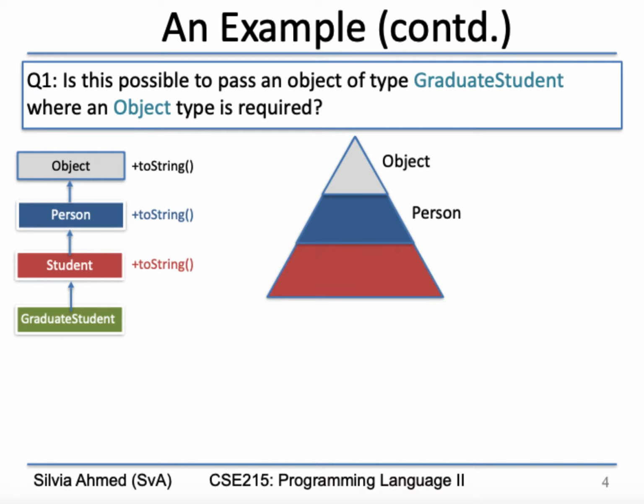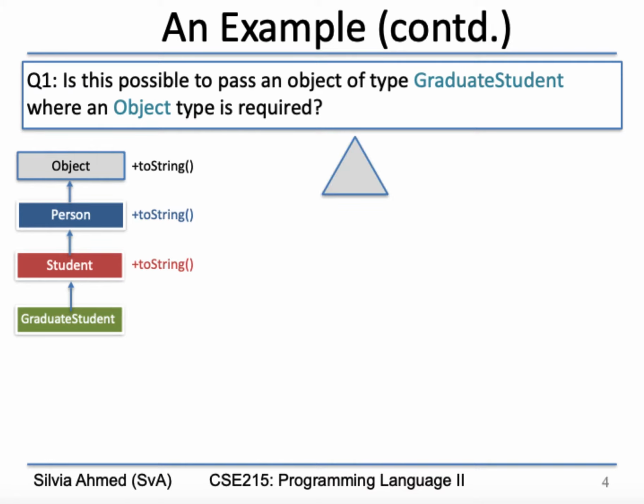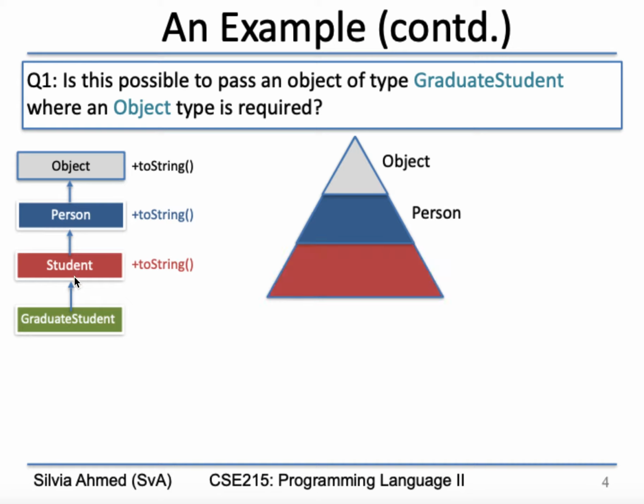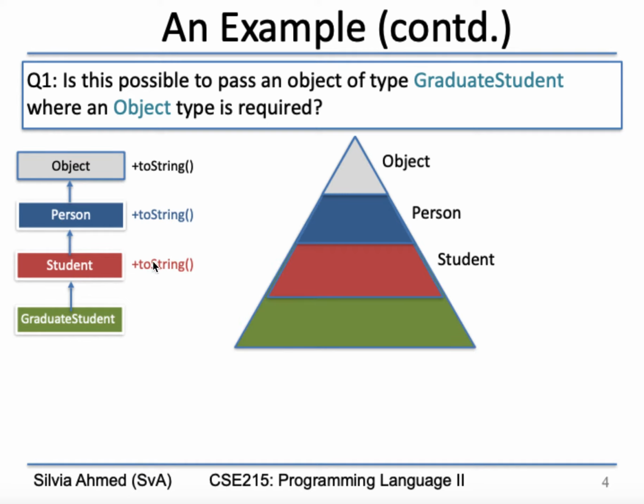Then we are extending the class Person to Student. We're extending the triangle here, and this is our Student class. And finally, we are extending Student further to get the GraduateStudent class.